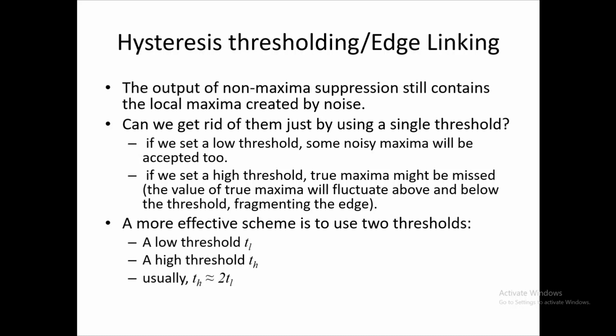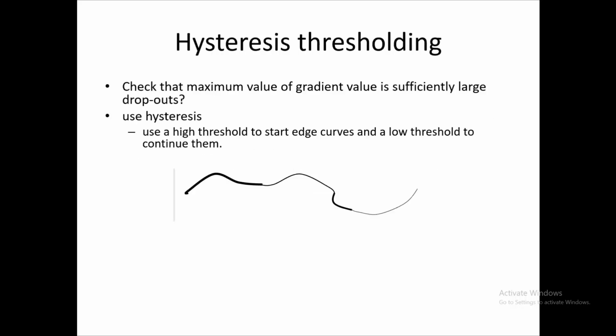So a more effective scheme is to use two thresholds, a low threshold TL and a high threshold TH, and usually TH is set as double TL. So we check whether the maximum gradient value is sufficiently large, or whether there are dropouts, so we use hysteresis: use the high threshold to start edge curves and the low threshold to continue them.